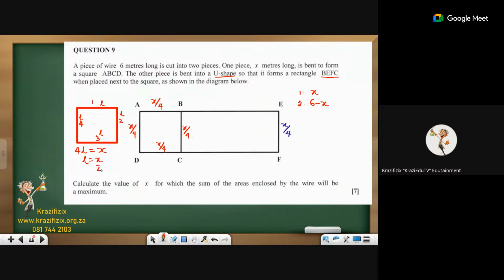X over 4. And this is now a rectangle. Opposite sides are equal. X over 4, X over 4. Let me know if you get that, Tiamo, as I need to run through quickly.